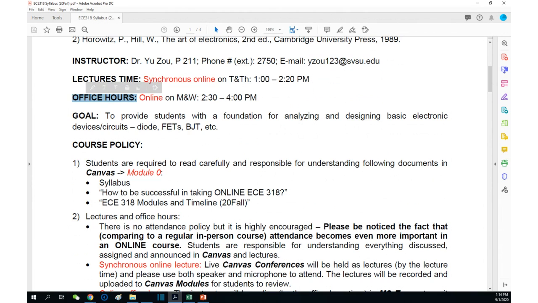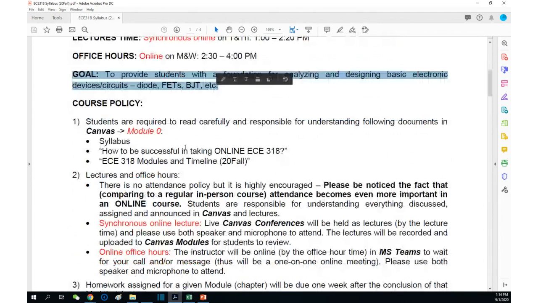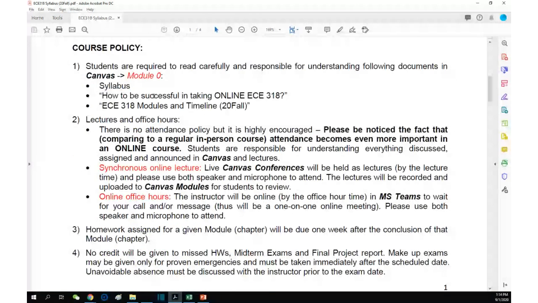Some learning goals, and here is the course policy. Not only today or in the first week, but through the entire semester, if you want to know the overall picture of the course and be informed about what you are learning, where you are at, how the progress is going, and what you are expecting to happen, please go back to these 3 documents.